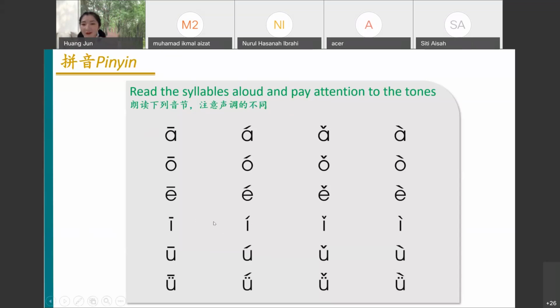Very good. Then group 5. Okay. Good. One more time. So you have to circle your mouth. Okay, I told you, it is the same sound as you read in Malay, the down.